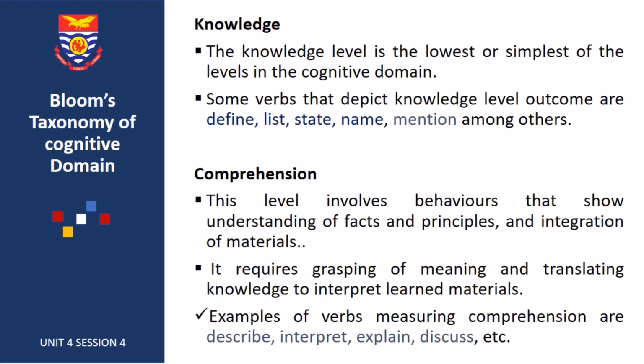Okay, so with Bloom's taxonomy of cognitive domain, moving from the simplest or lowest level, we begin with knowledge. Knowledge is the lowest or simplest of the levels in the cognitive domain.